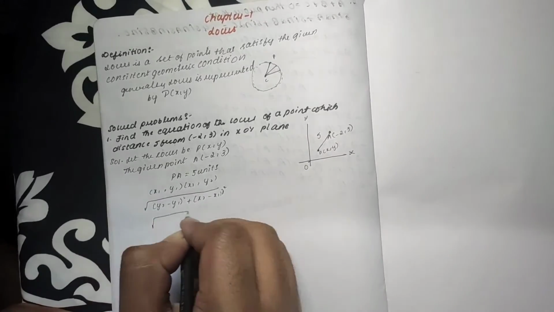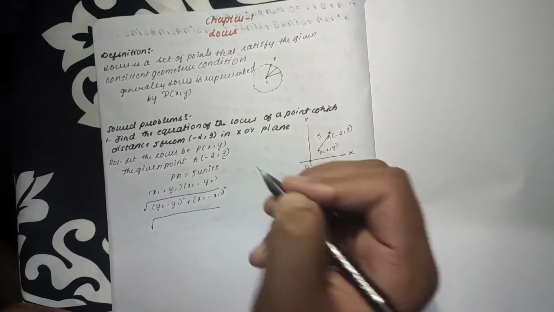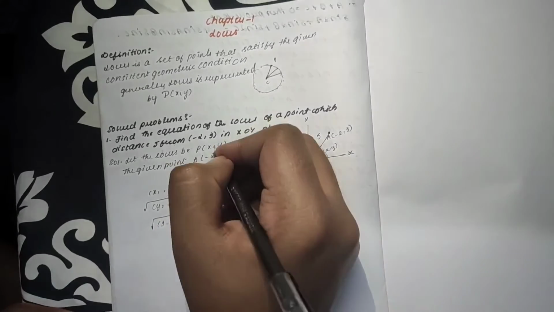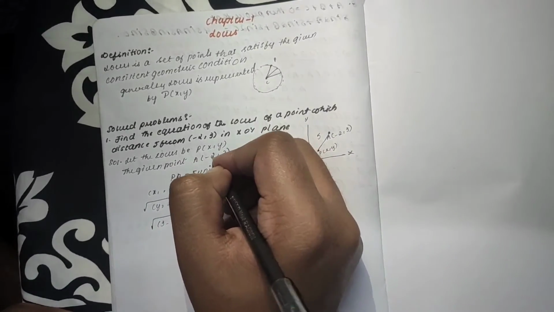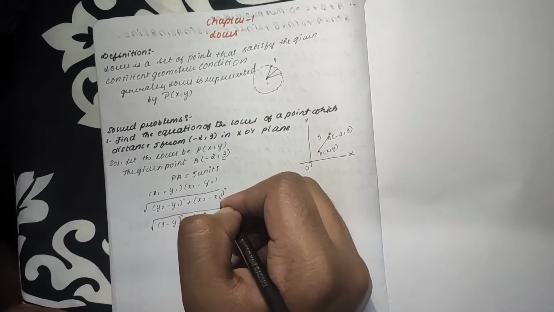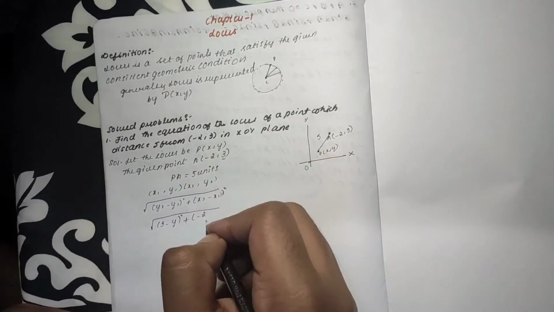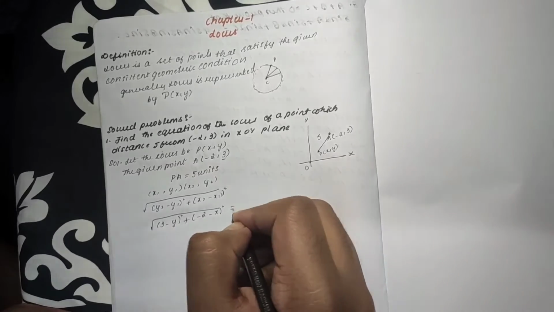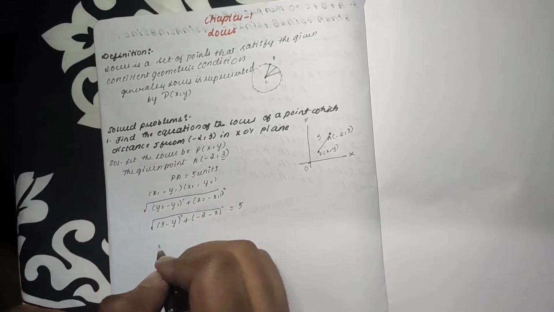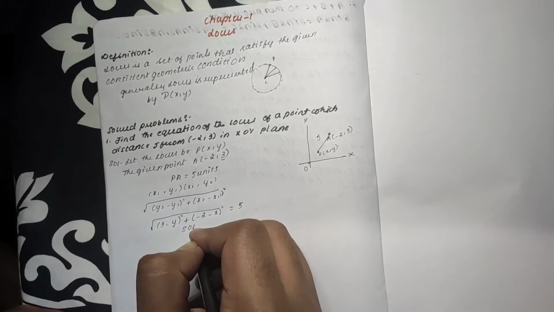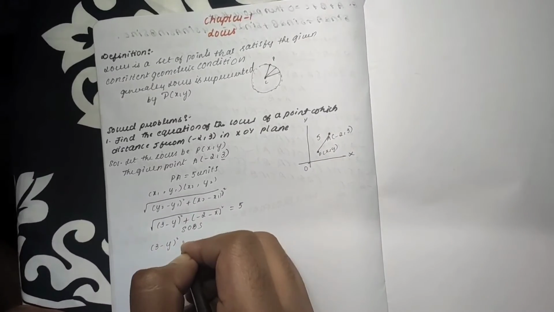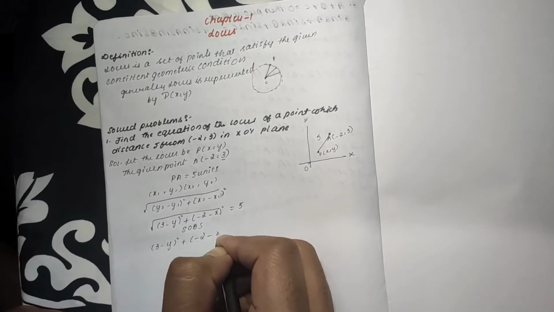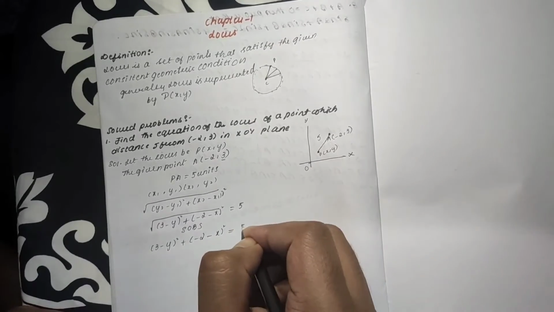So root over, here y2 is 3 and y1 is y itself, plus x2 is minus 2 and x1 is x, whole square is equal to 5. Squaring on both sides, this is (3 minus y) whole square plus (minus 2 minus x) whole square is equal to 5 square.